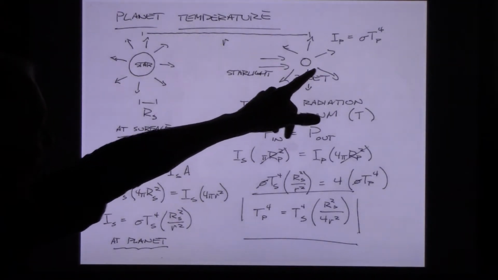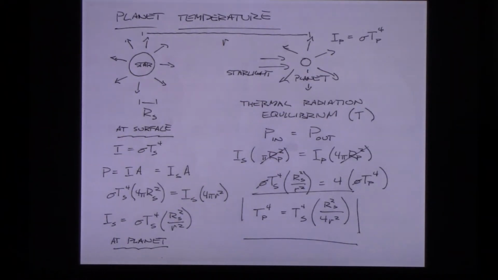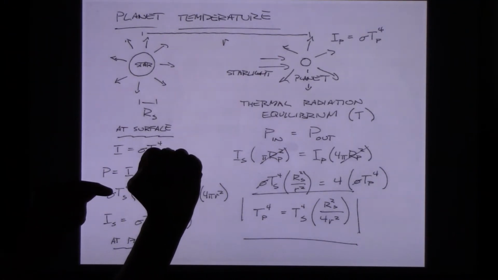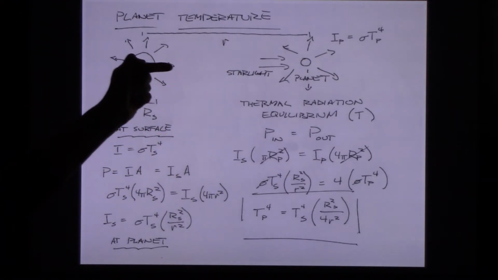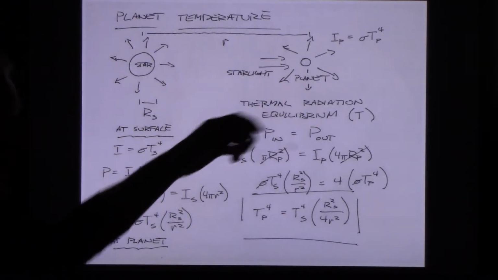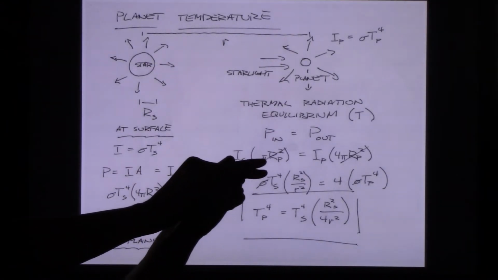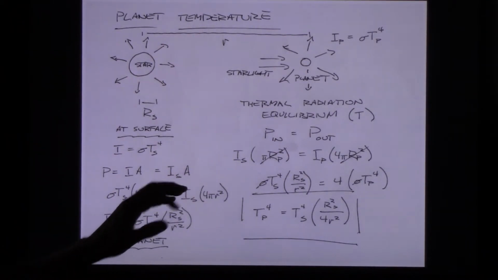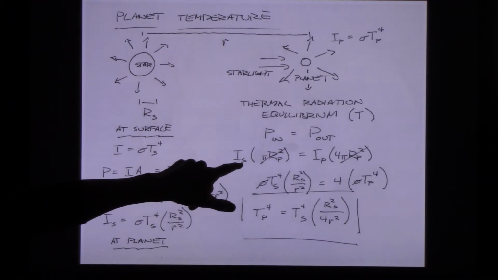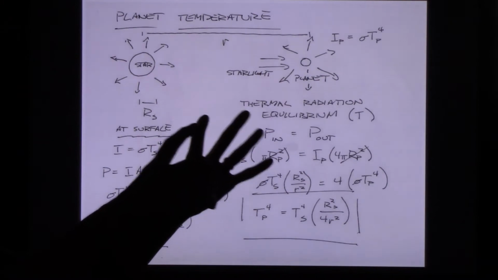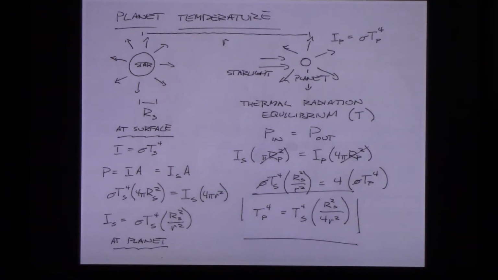Now let's look at the planet. If I think of the planet here, it's got sunlight coming in, but the sunlight's not coming in from all directions. The sunlight, or starlight, is only coming in from one direction. So if I look at the rate, the power of sunlight coming in, that's the intensity of the sunlight times the cross-sectional area of the planet.